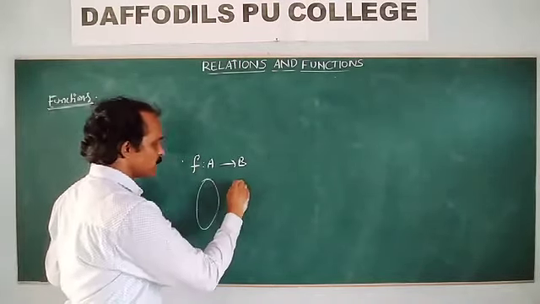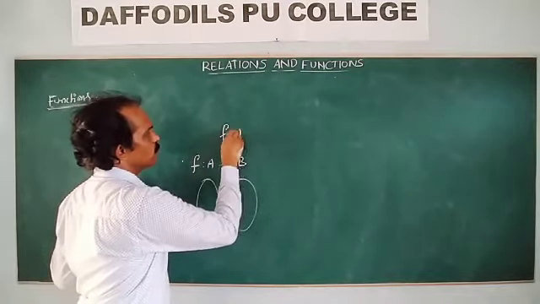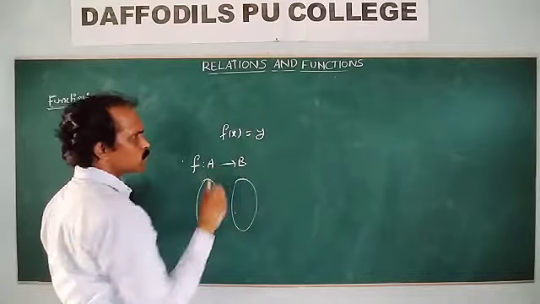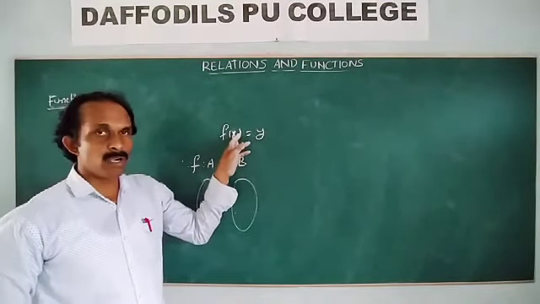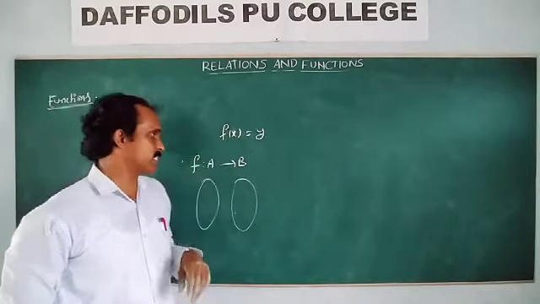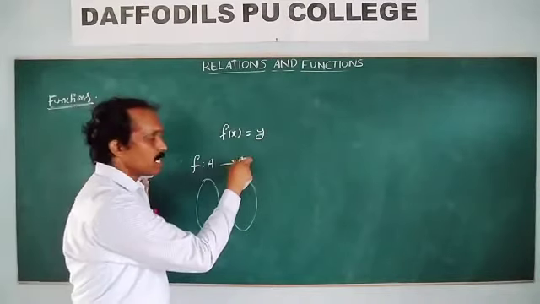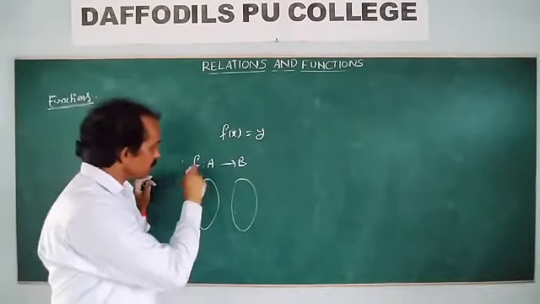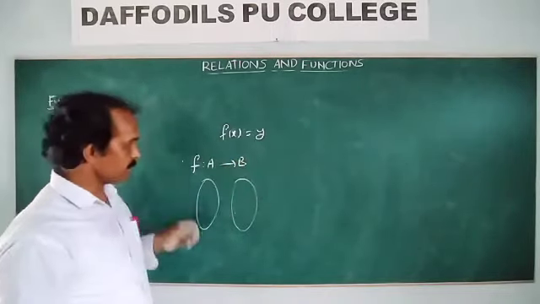Suppose for example, function f of x is equal to y, where y belongs to B. Here y is called the image of x, and x is called the pre-image of y. And f of x is called the range of f and belongs to set B. Clear? Right.